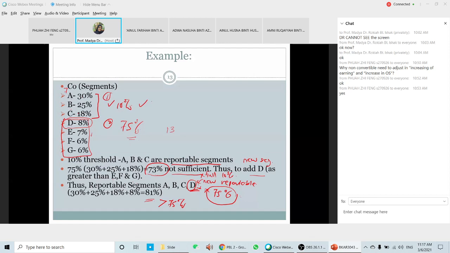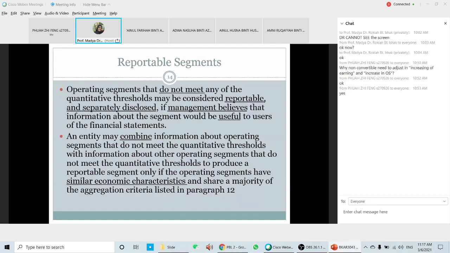So it says that an operating segment that does not meet any of the quantitative thresholds, the 10% test, may be considered reportable and separately disclosed if management believes that the information about that segment will be useful. So even though it does not fulfill the 10%, if the management believes the information is useful, they can consider it a reportable segment.